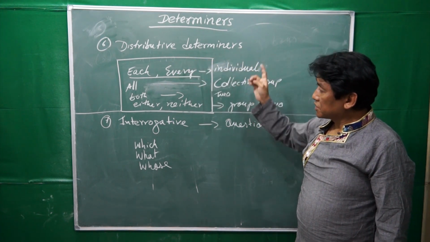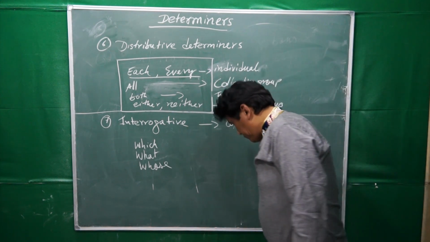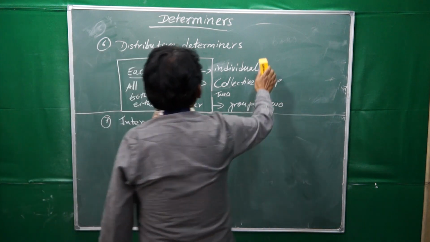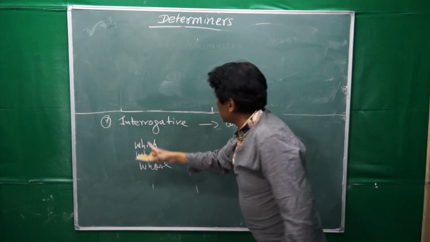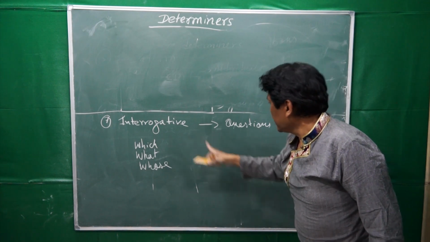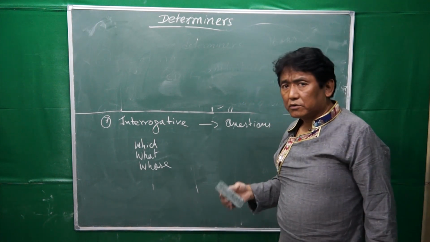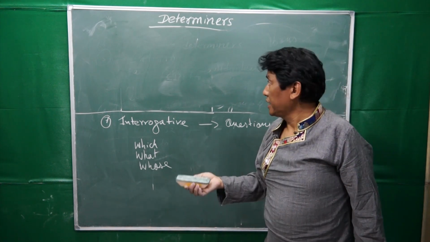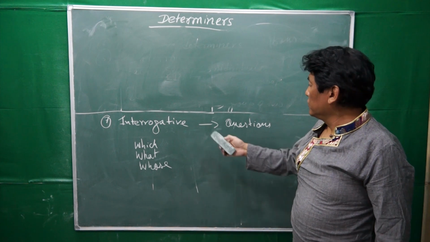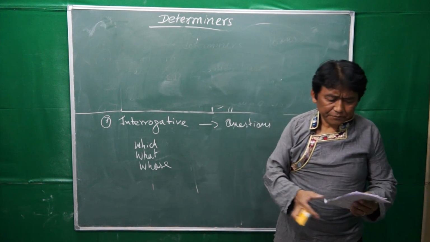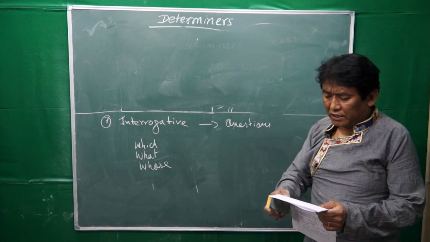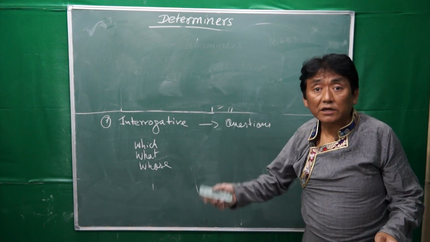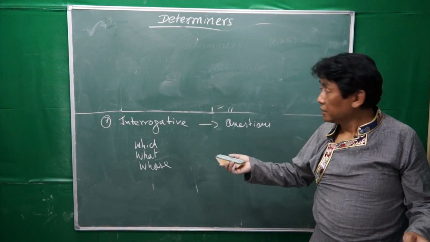Now let's move on to number 7, interrogative determiners. Interrogative means questions, right? Queries, questions. Interrogative sentence you may have heard about. Interrogative determiners are used to ask questions about a noun.